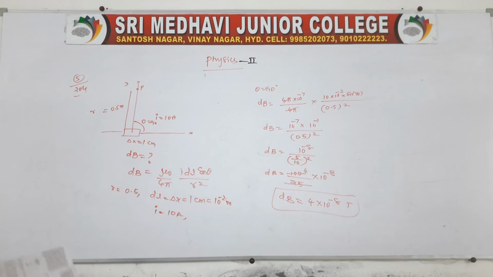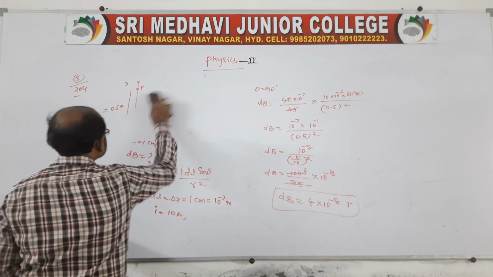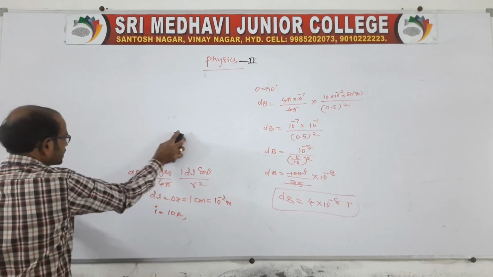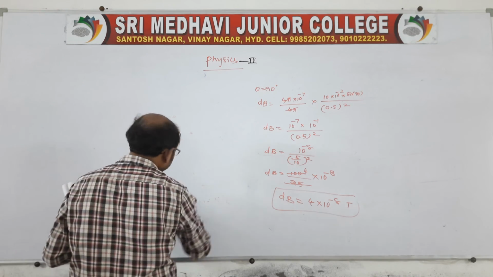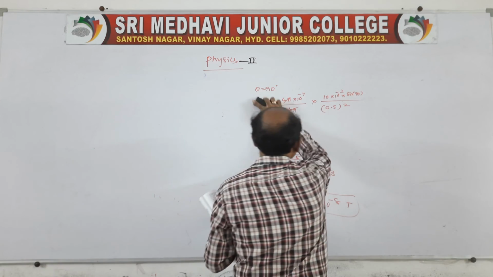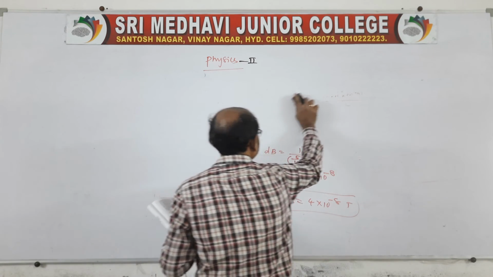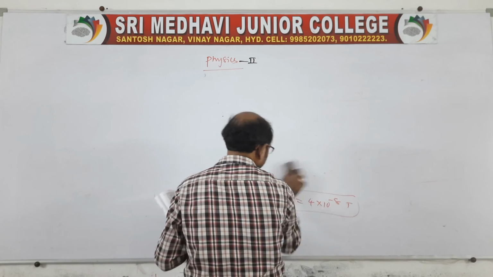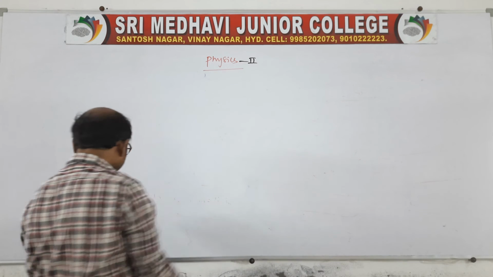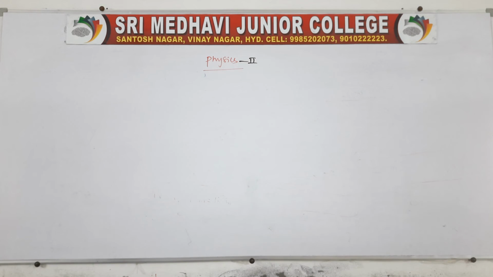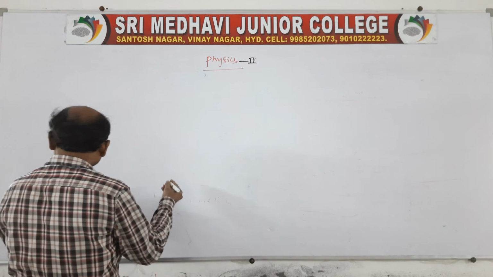Of course, we know a circular coil carrying a current. If I know the direction of current, then we can say the induction acting at the center or away from the center. But the simple question is given like this.